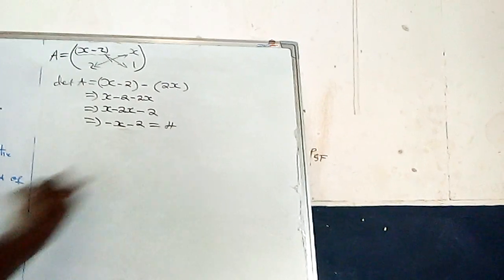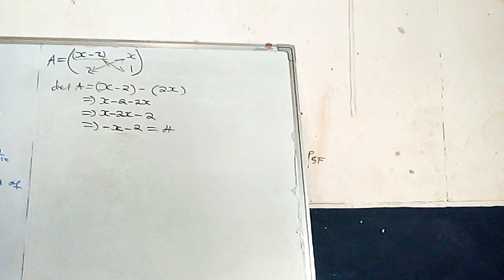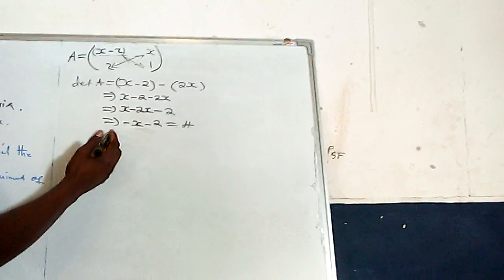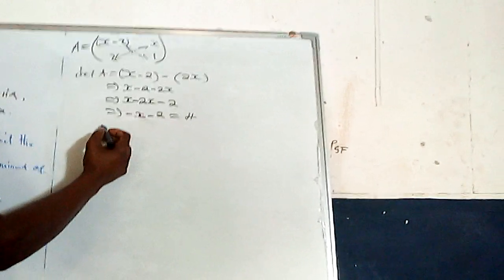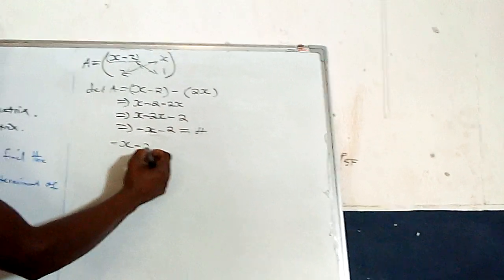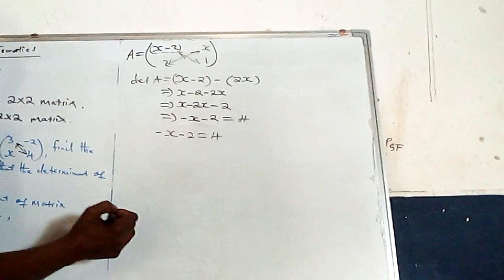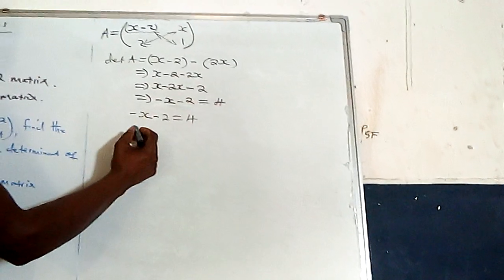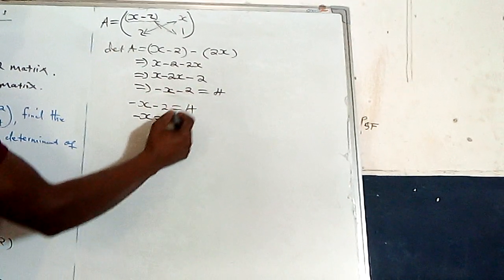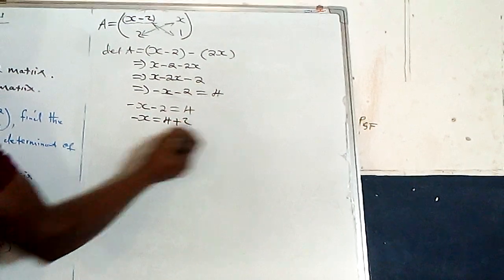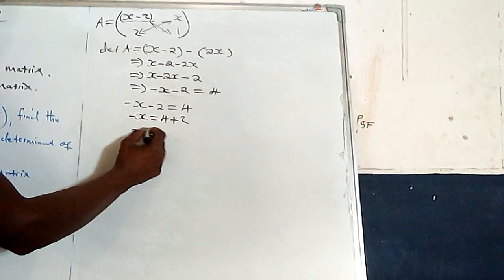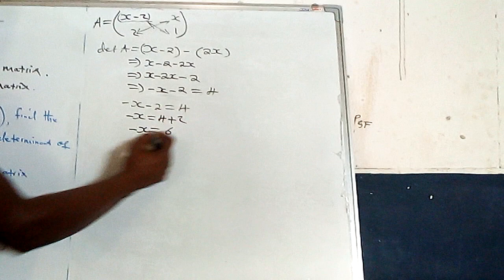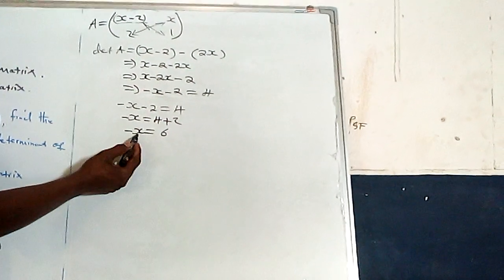At this particular point, what you do is group like terms. We have got minus x minus 2 equals 4. So what you're going to do is take the 2 to the other side. So we have minus x this side here. We're going to have 4 plus 2 this side. We're going to have minus x is equal to 4 plus 2, that's a 6. Remember, what you want is x.